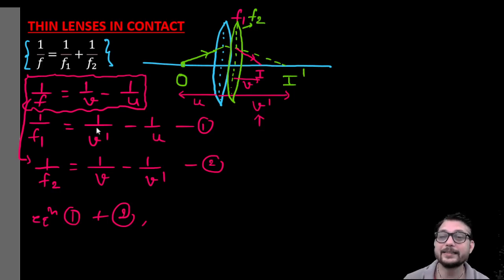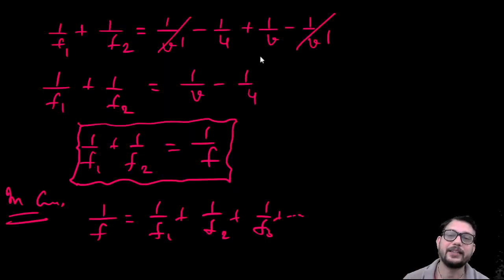For the second lens, the image of the first lens is the object of the second lens, and the image is v and the focal length is f2. Now, as the lenses are in contact, we have to add these two, and finally we get the result 1 upon f1 plus 1 upon f2 equal to 1 upon f.